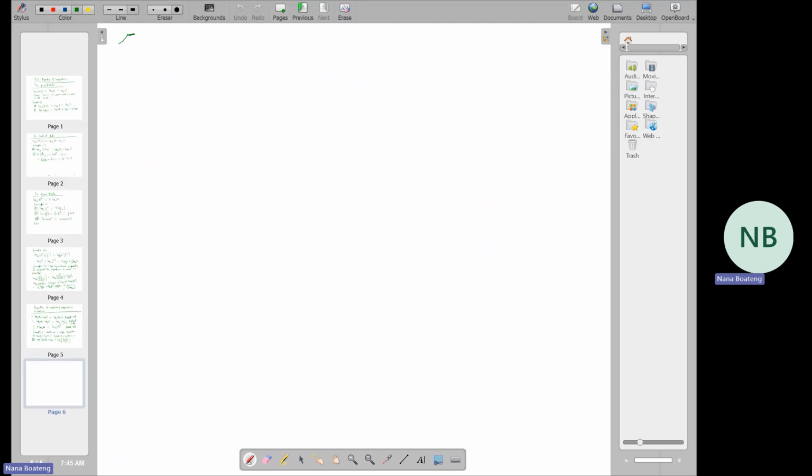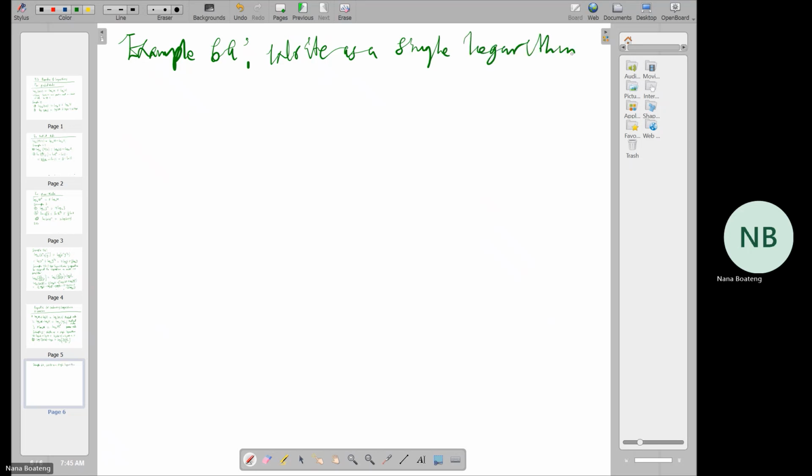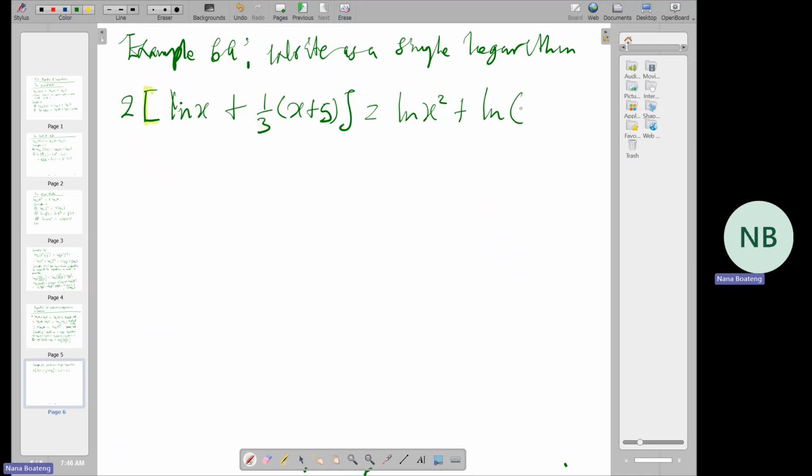So this will be example 6a. And it says write as a single logarithm. 2 times the natural log of x plus 1/3 log of x plus 5.